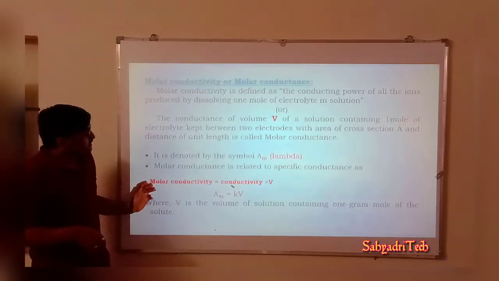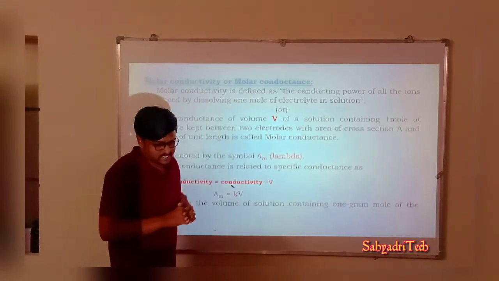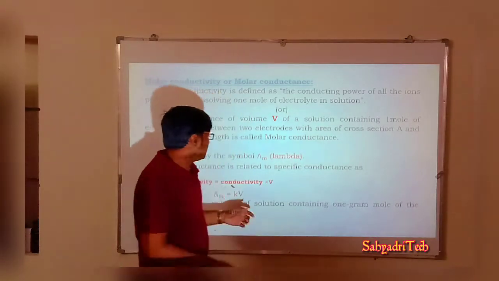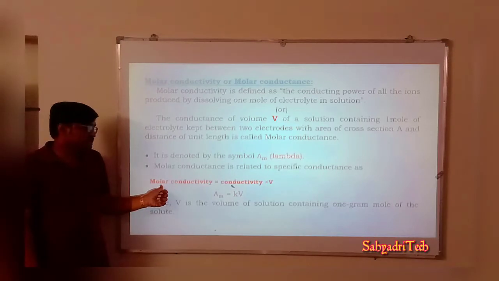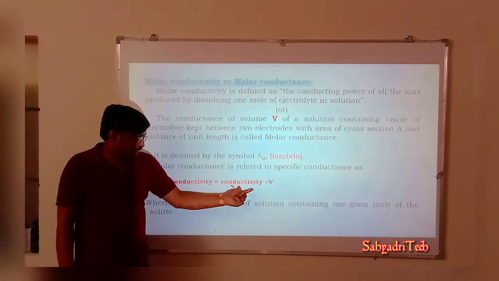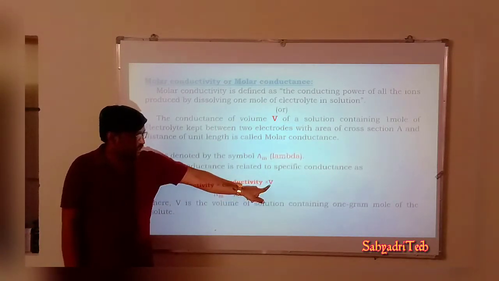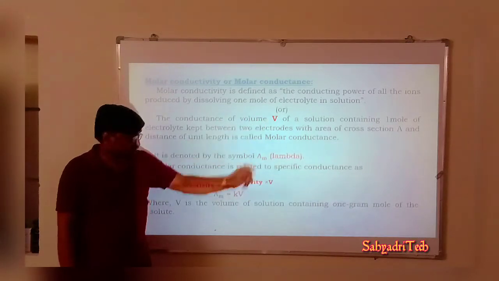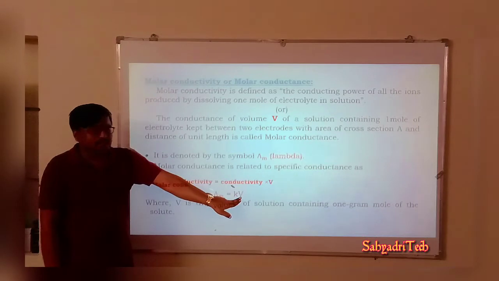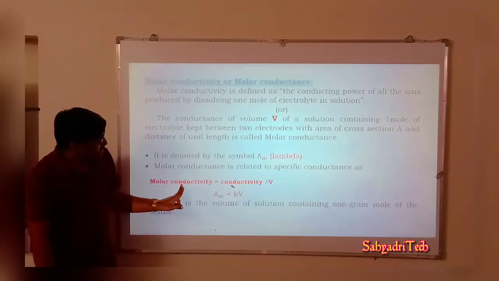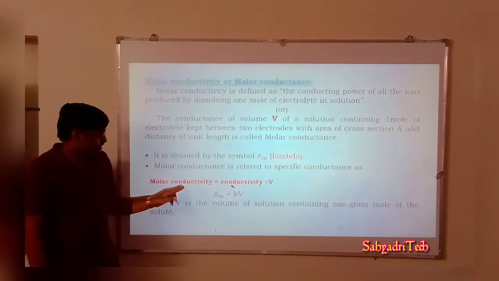Now, molar conductance and specific conductance, or conductivity, are related by this equation. Molar conductivity is equal to kappa into V, that is, conductivity into volume of solution V. So lambda m is equal to kappa into V is the relation between conductivity and molar conductivity.